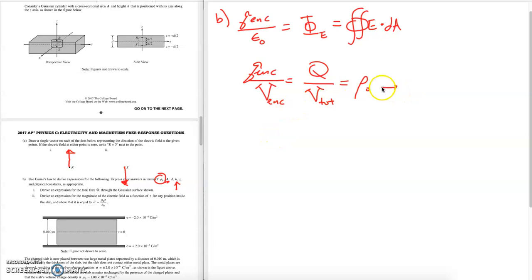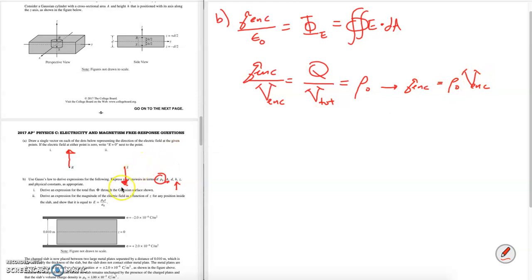So Q enclosed is going to turn into rho naught times V enclosed, and this is volume here, not voltage. We'll get to voltage later on. So Q enclosed equals rho naught times volume enclosed.